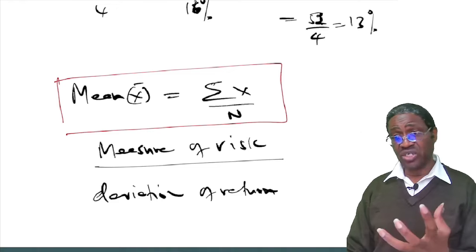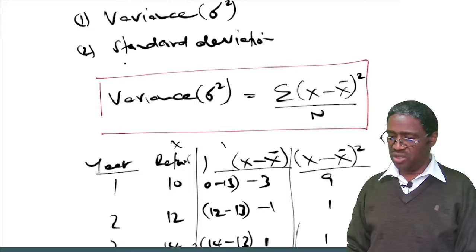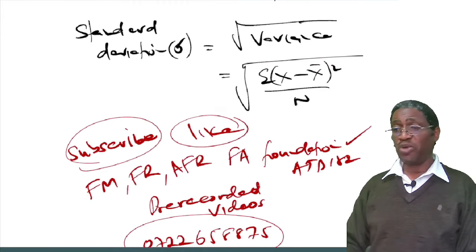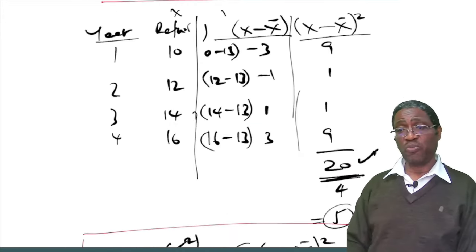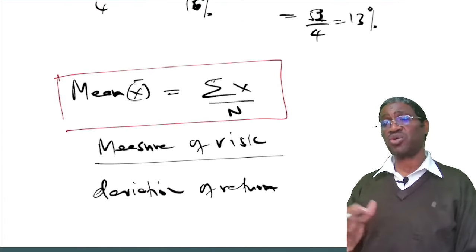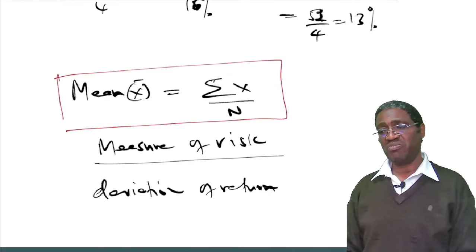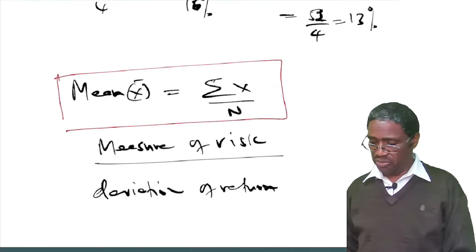That's the average return, or the mean. I hope you have copied the formula. We have said the mean x bar is given by summation of x divided by n. Good.